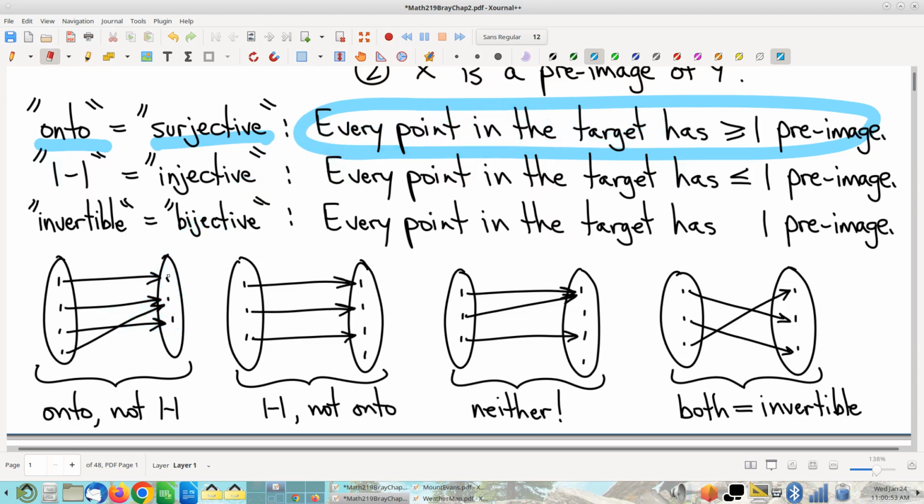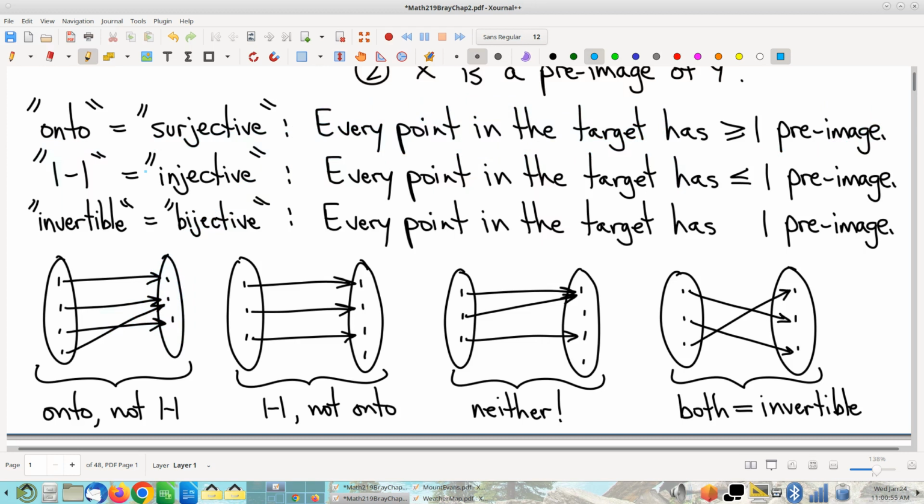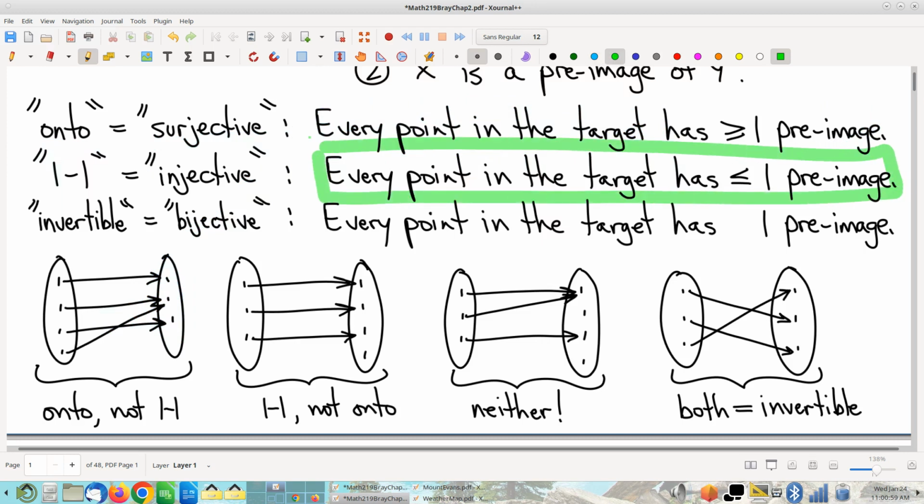Okay, and now on the other hand, sometimes, conveniently, every point in the target will have no more than one pre-image. For example, this one, right? This function right here. That point has one pre-image. That has one. That has one. That has zero. None of the points in the target have multiple pre-images.